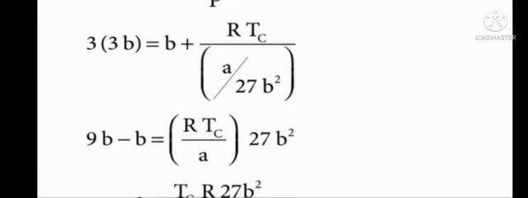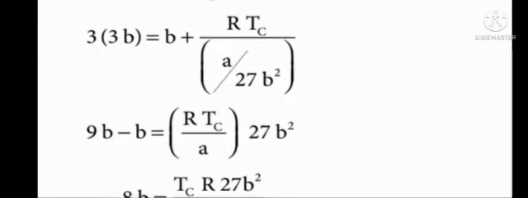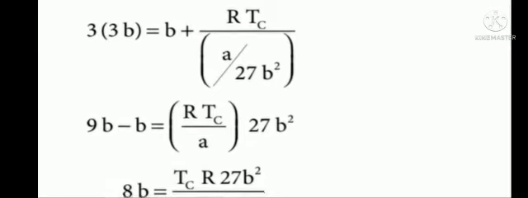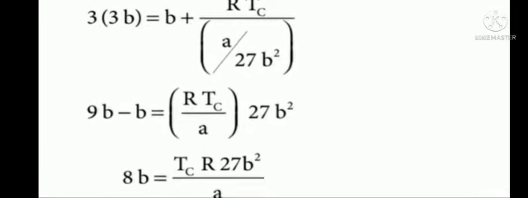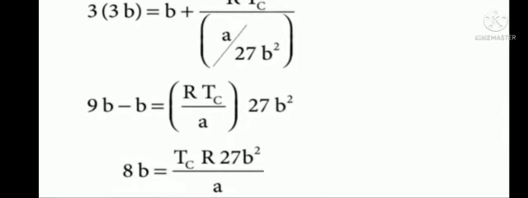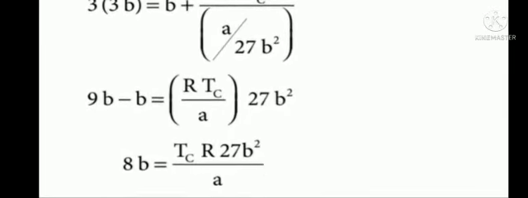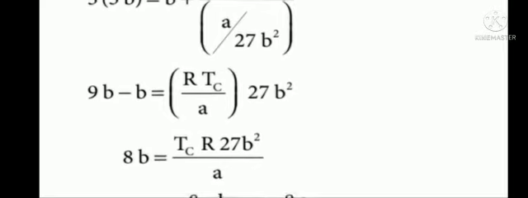by 27b square. 9b minus b is equal to RTc by A into 27b square. Therefore, 8b is equal to Tc R into 27b square divided by A. After rearranging, we will get Tc is equal to 8Ab divided by 27Rb square.